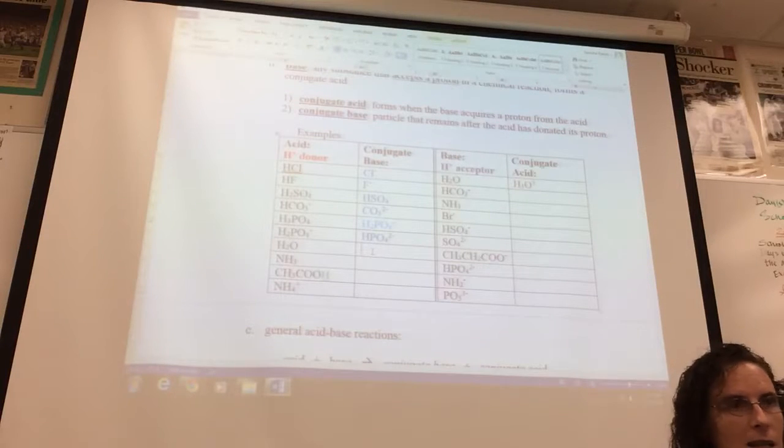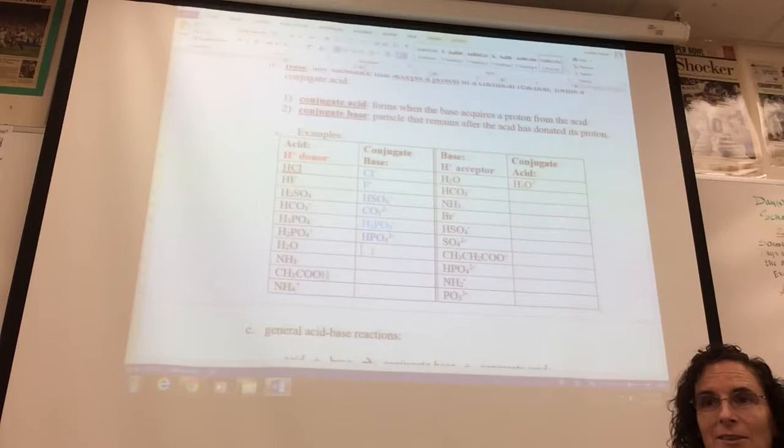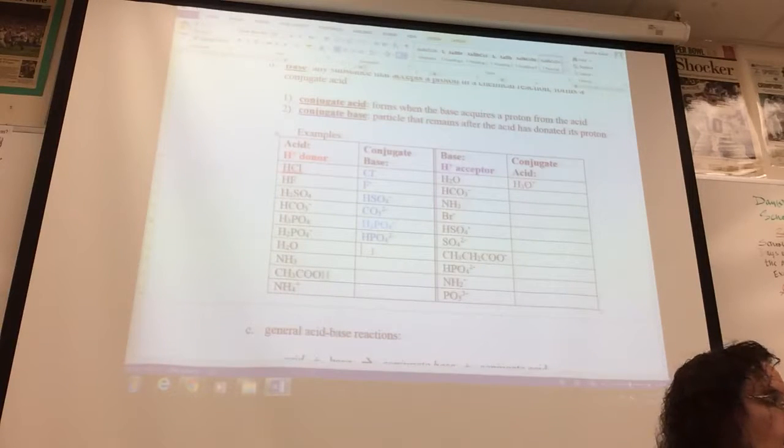I can eat with my left hand, I can eat with my right hand. Substances that can either act as acids or bases, that is, be proton donors or proton acceptors, are amphiprotic or amphoteric.